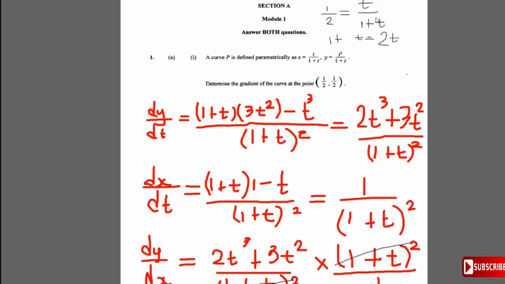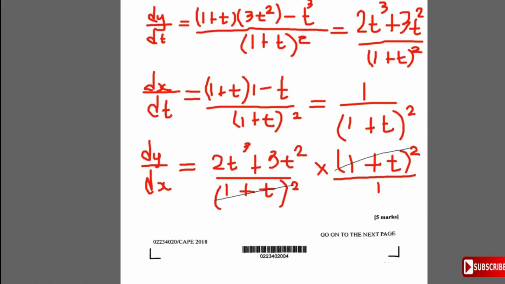And so we bring over this t here, and we get t equal 1. Let's check it. 1 over 1 plus 1 is a half. Yeah, so t equal 1.